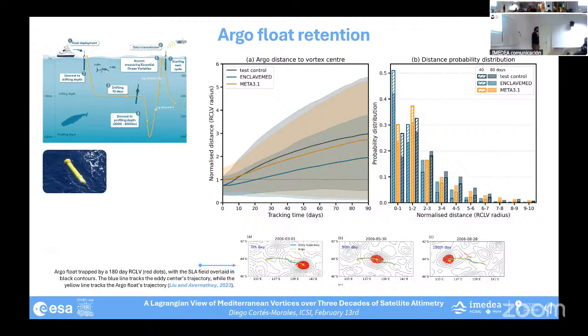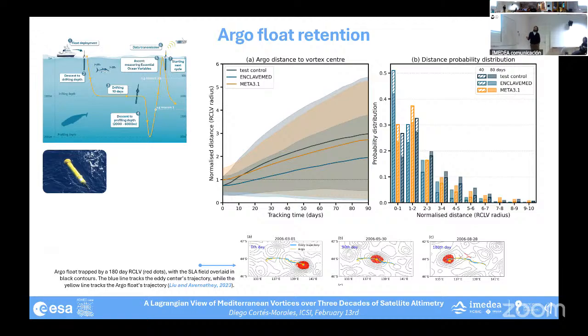All of this has been done with the same velocity field based on altimetry data, but we wanted to test what's happening with real Lagrangian platforms, Argo floats.